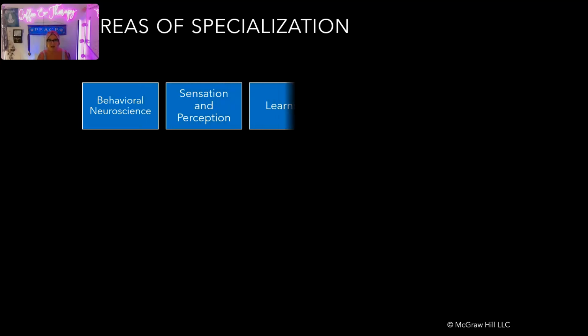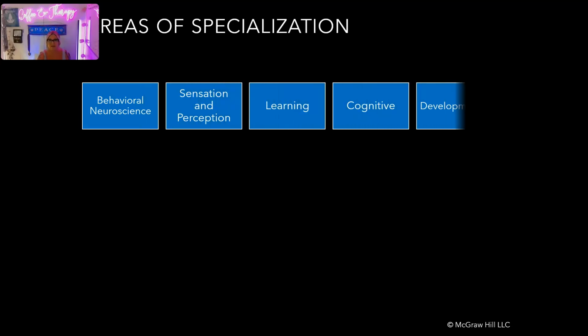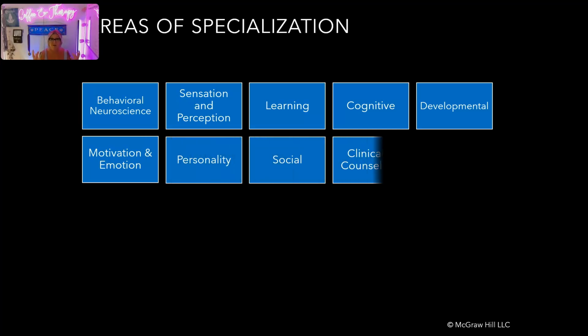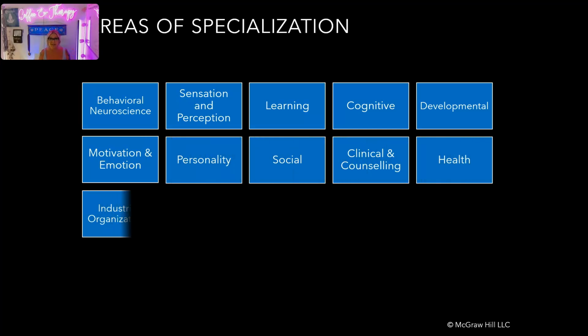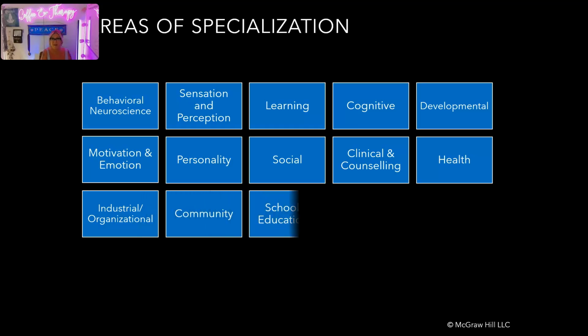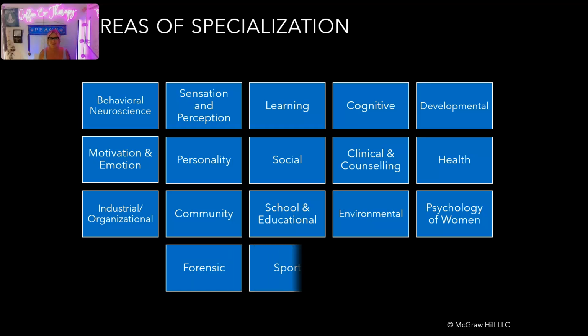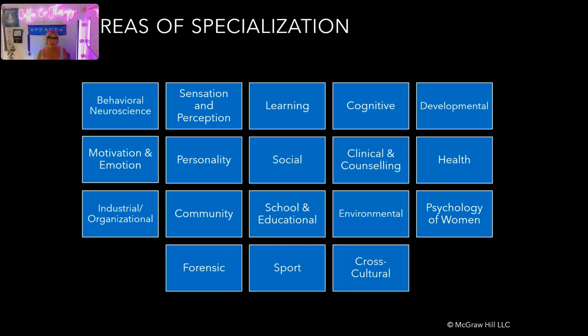All right, so now we have a ton of specializations in psychology. So when we look at all the specializations, you can actually take a semester-long course in all of these. And if you're a psych junkie like me, or you majored in psychology like me, and I got my doctorate in clinical psychology, so I've studied all of these areas.